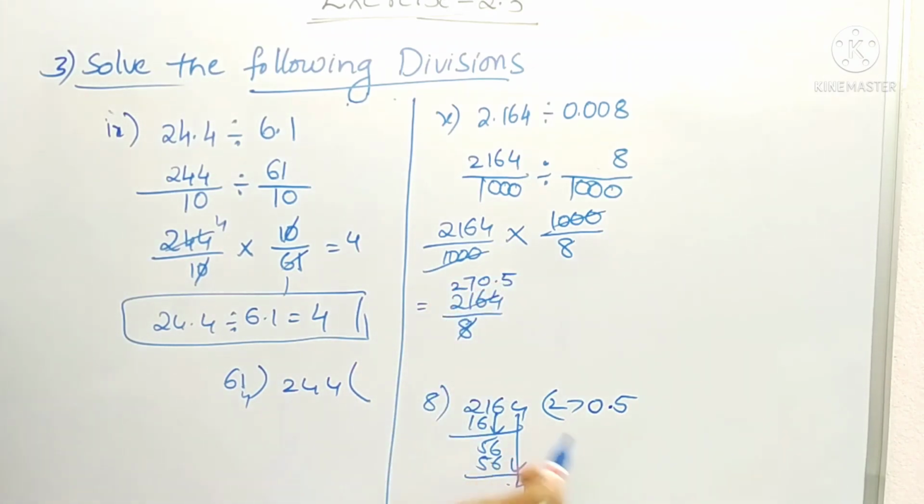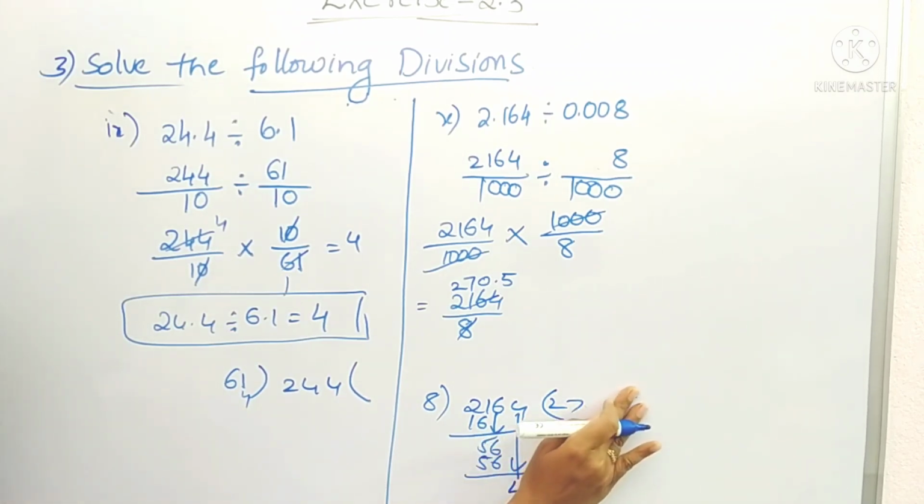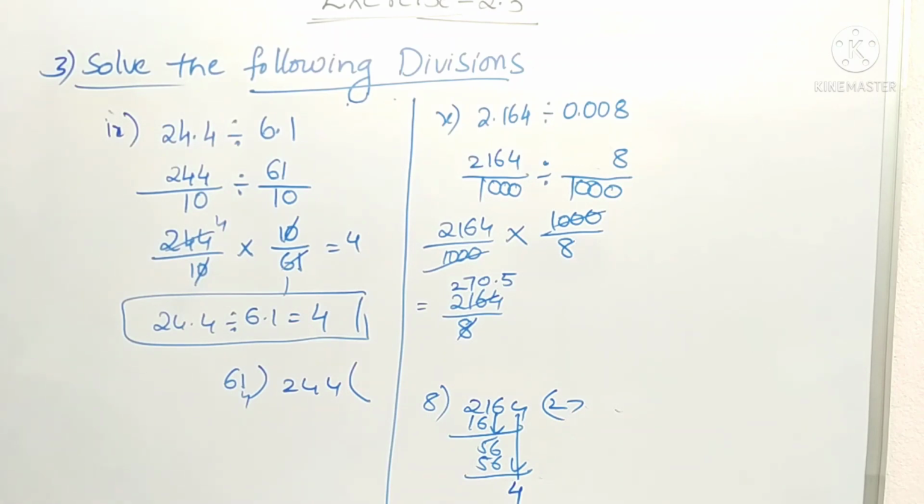Because there is no other number, we add zeros. Otherwise I will explain like this. See here, 4 is there, no? 4 is there, so it is less than 8. 8 zeros 0, and again 4 will be there. And now I am putting the point and I can add 0, so 8 5s are 40.